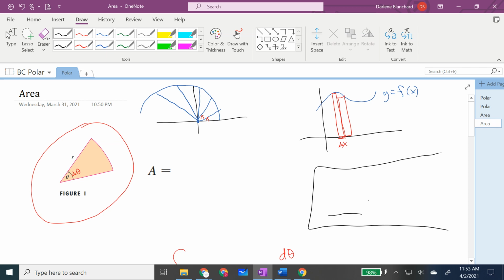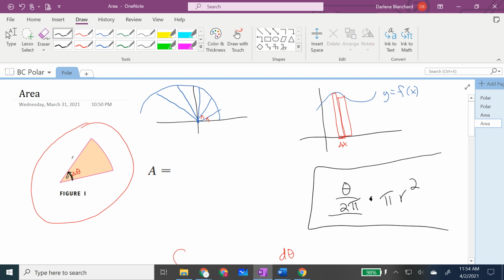I know the area of a circle is pi r squared. The percentage of the circle is theta out of 2 pi, so theta divided by 2 pi.